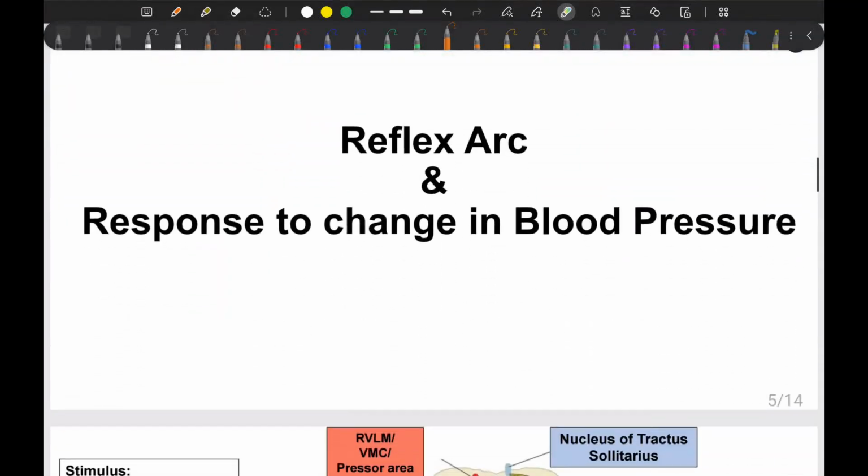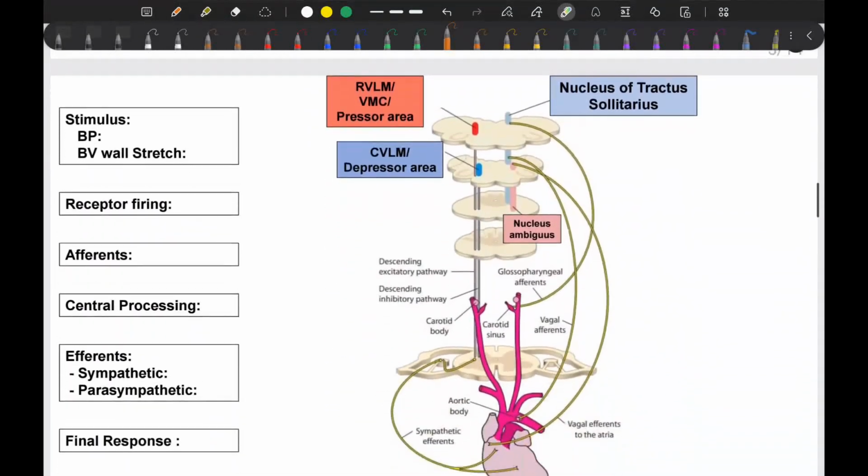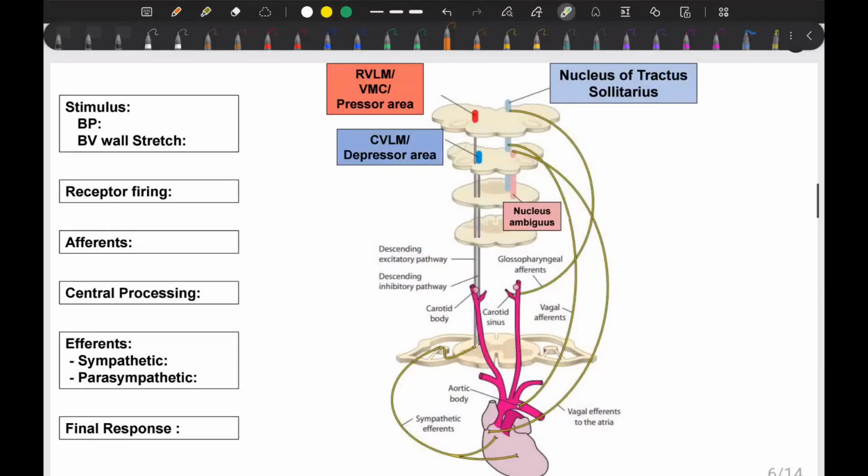Now comes the reflex arc and the response to changes in blood pressure. We'll see that simultaneously. So let's imagine the first situation where my BP is elevated. The stimulus will be my high blood pressure. As my BP is elevated, my blood vessels will be stretched more.